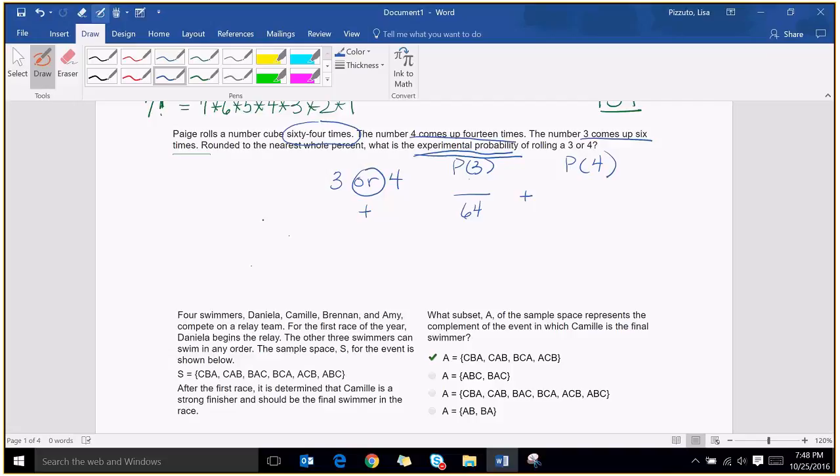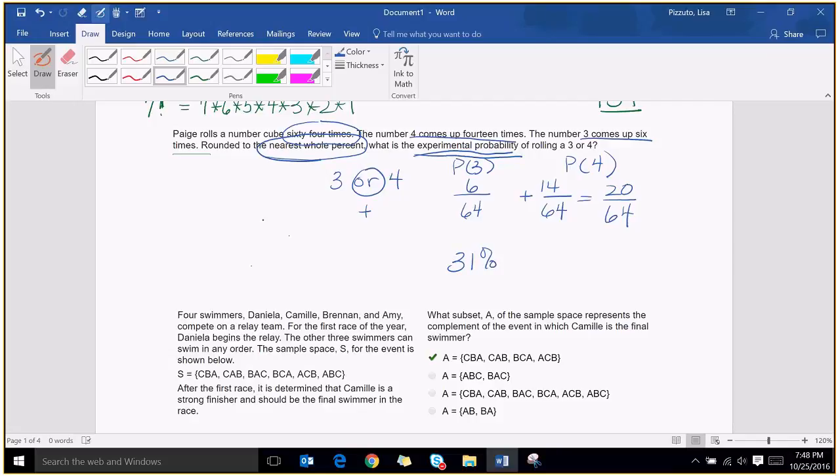And how many times did the number 4 come up in these rolls? 14 times. So that's 20 out of 64. So what percentage is that? It says to round to the nearest whole percent. That would be 31%.